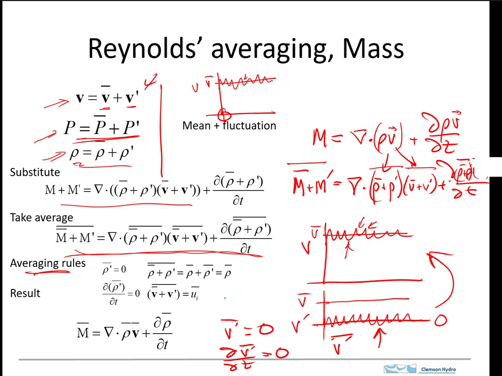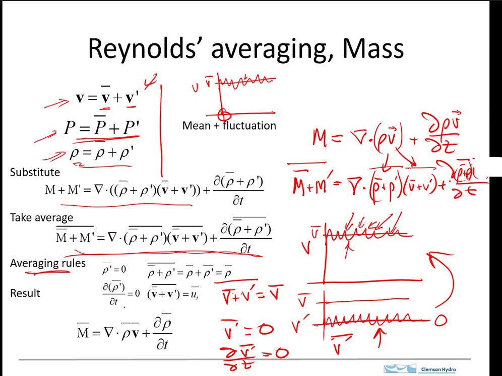And if I take the total velocity, where I take the average plus the fluctuation, and I take the average of that, then that's just going to equal the average. So if I take the average of this fluctuation, and then the average of the actual velocity, I'm just going to end up with that average there.